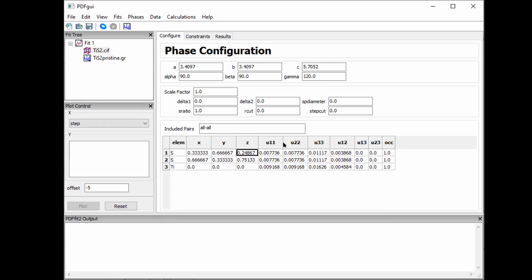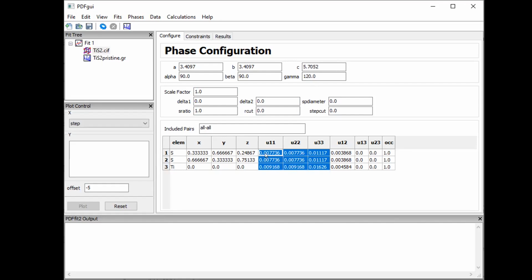Also, these are the U values we covered last time. Just a little recap: this relates to the disorder parameters. So in XRD, it's basically dampening the intensity, especially at high angles. In PDF, it contributes a broadening of the peaks. So let's say if you put them at 0, you will see a very sharp PDF peak, which is not real, right?